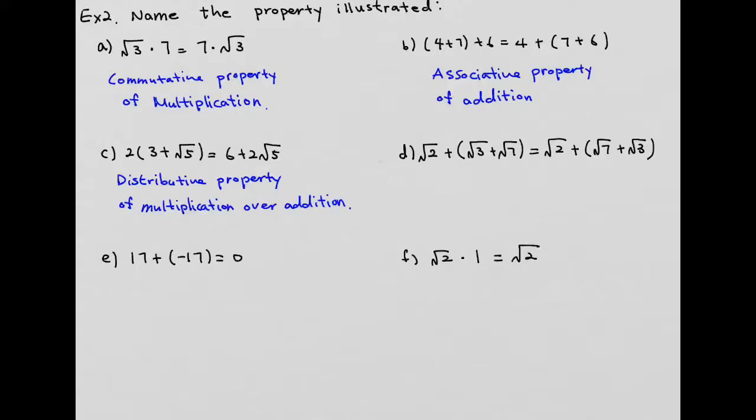The next one. If we look, on the left side I have 2 plus 3, square root of 2 plus square root of 3, plus square root of 7. You're doing square root of 2 plus square root of 3 first on the left side. On the other side we do the same thing, the only thing changed is the order of these two. I did square root of 3 first, I did square root of 7 first.